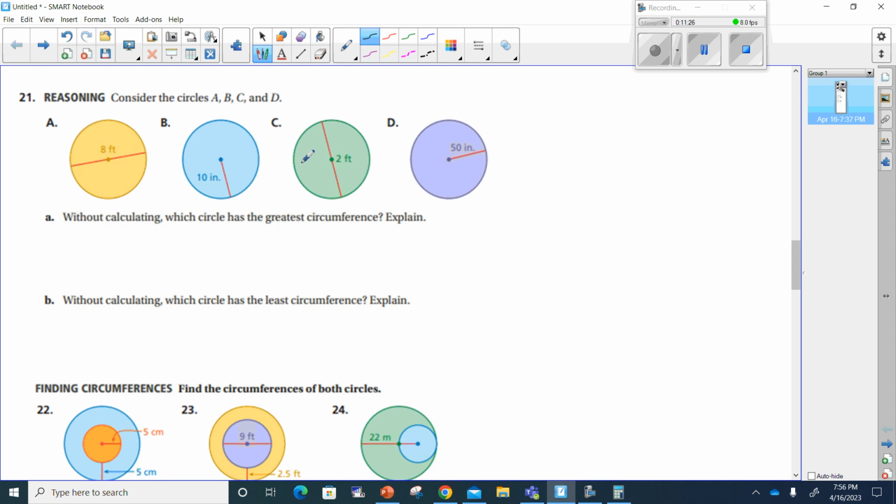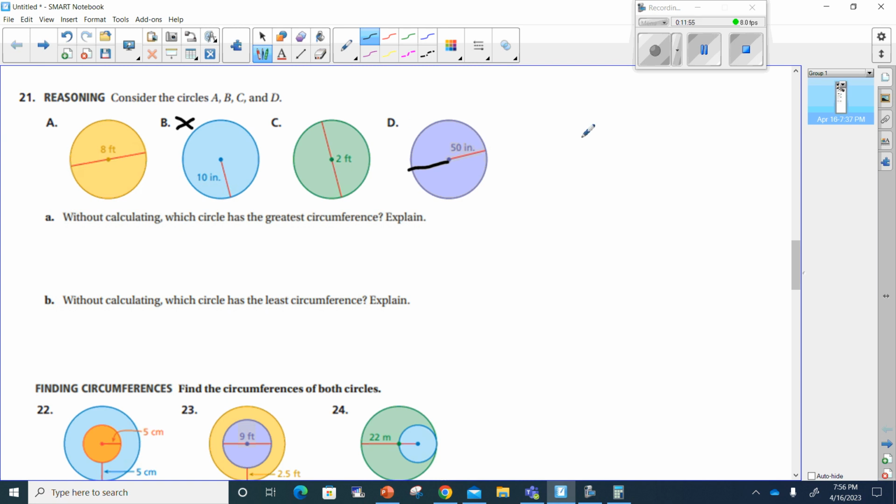So this is 8, this is 2, this is 50, and this is 50 just with a radius, which means it's going to be 100 all the way across. But remember, this is 50 inches. This is 2 feet. This is 8 feet, 10 inches. This one definitely is not going to be the biggest, okay? Because 50 is definitely bigger than this. But 50 inches we have to compare to, well, 8 feet.